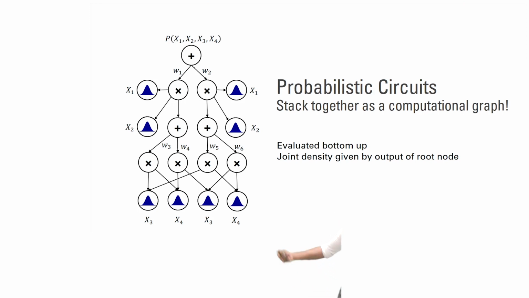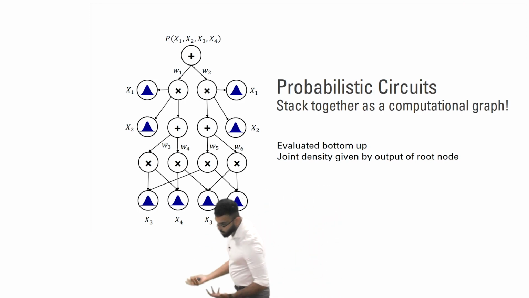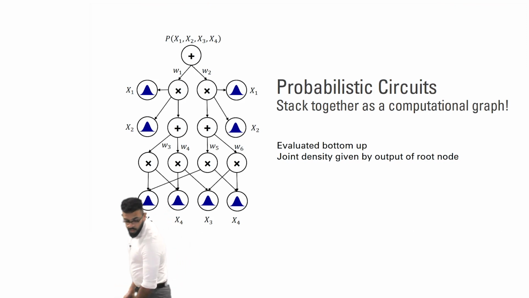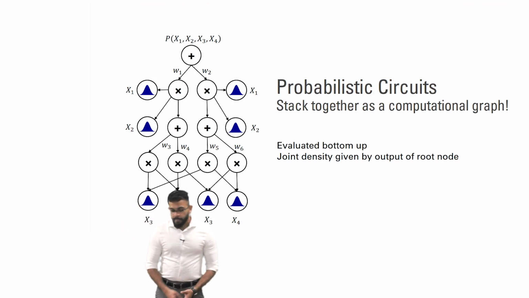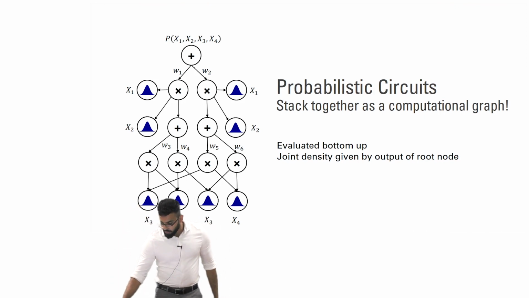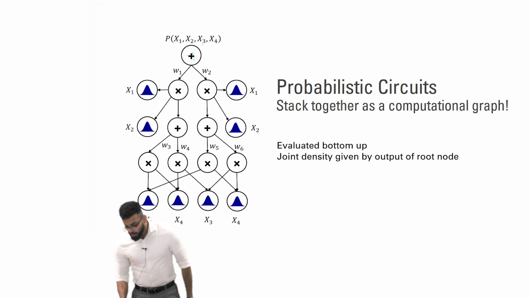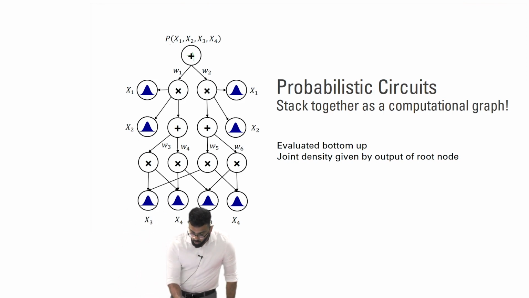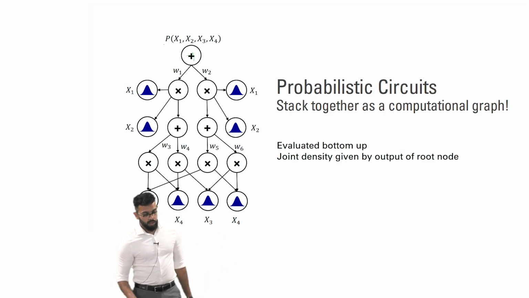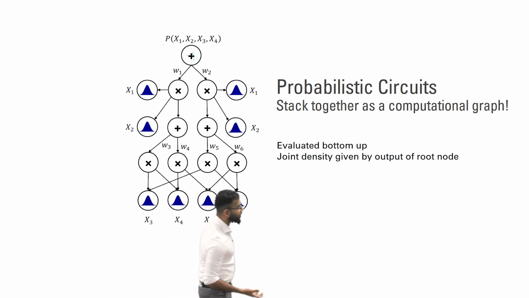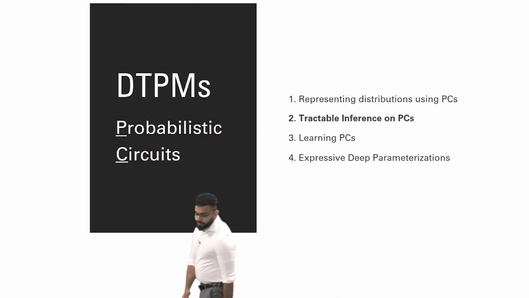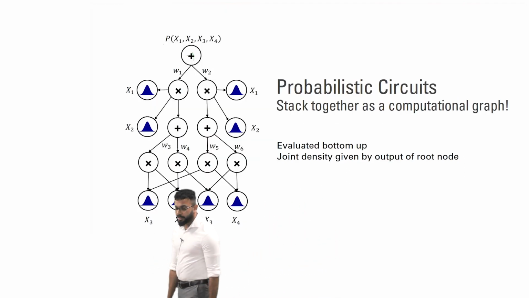Now, how do you build a probabilistic circuit? You stack these nodes as a computational graph and evaluate it bottom up. You would typically have one root node, so this would be a rooted graph. The output of your root node would give you the density, or the likelihood, associated with the joint assignment of values. But this is not the complete picture.